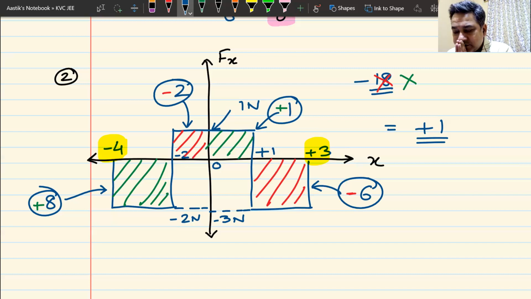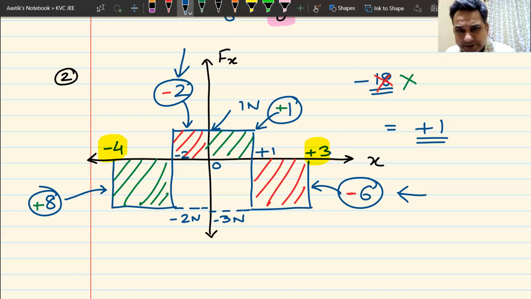Or you still have doubt? Sir, can you hear me? Yes, I can hear you. Sir, explain once again, sir. What have you not understood? Please let me know. Positive multiplied by negative. What is positive multiplied by negative? It is negative. Here force is positive, displacement is negative, so negative. Here force is negative, displacement is positive, so it is negative.